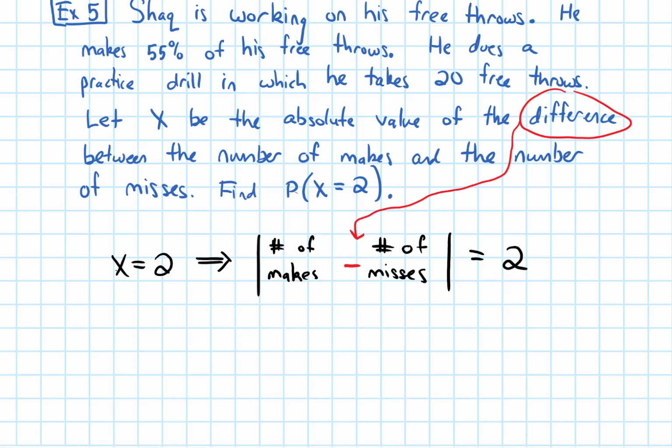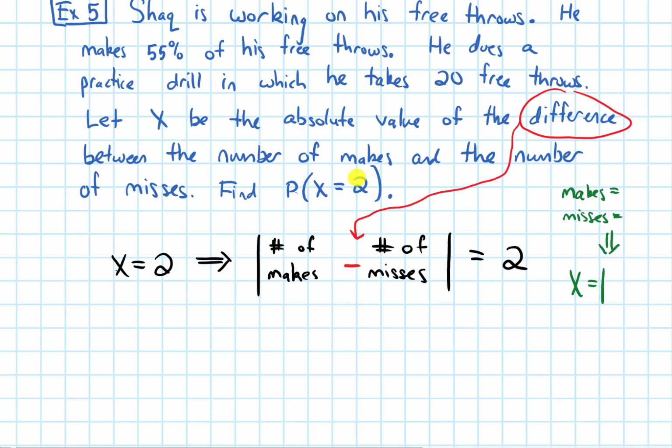But just to get a feel for it, let's say hypothetically he makes 16 and he misses 4. Remember, they have to add up to 20. Actually, let's switch those numbers just so it's a little more interesting.